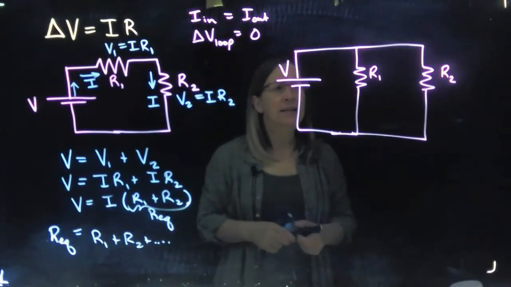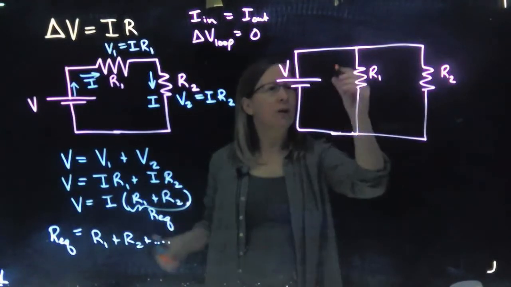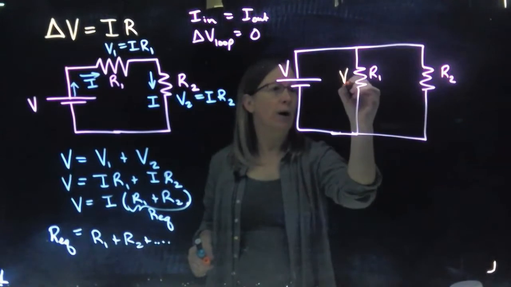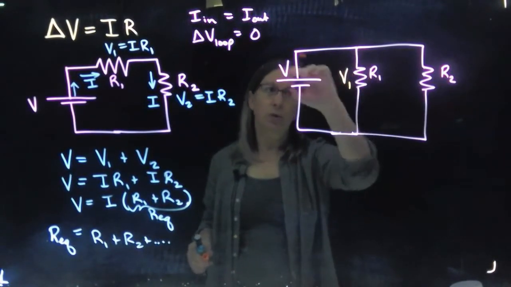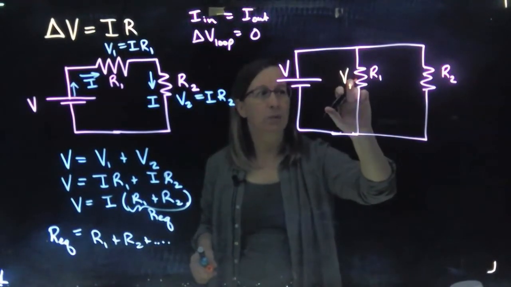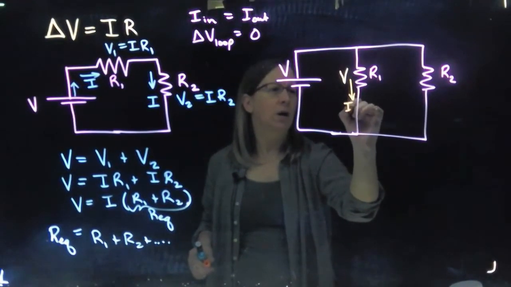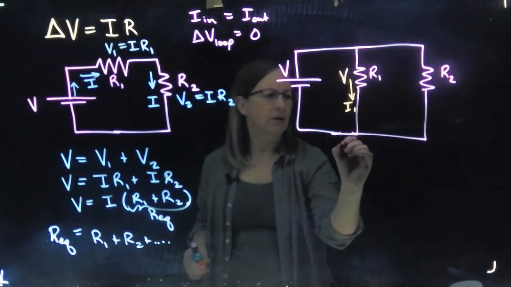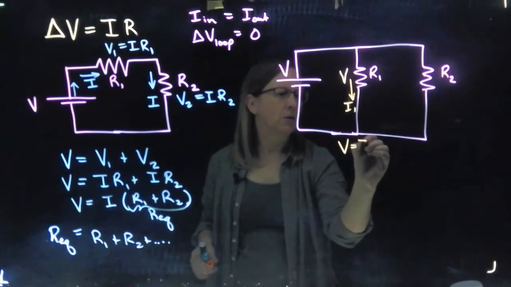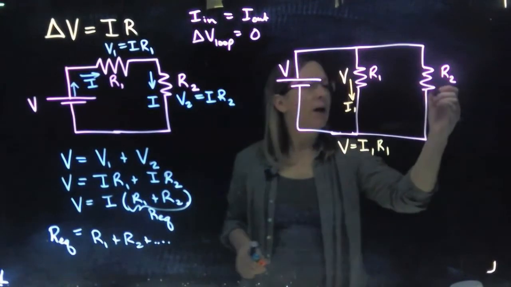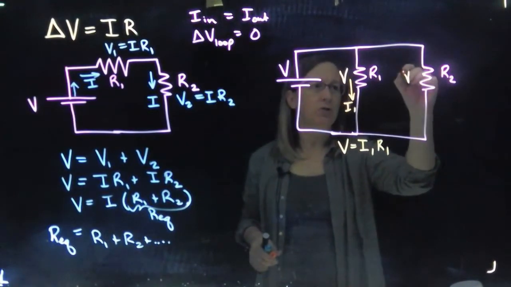Now, in this situation, we know that the voltage across R1, this V1, is equal to V. So I'm not even going to label it as something different, but we can say we have a current, I1, and so for this part, we have V equals I1 R1, and here, same voltage, right?